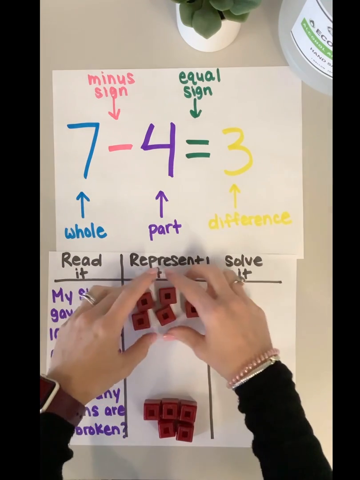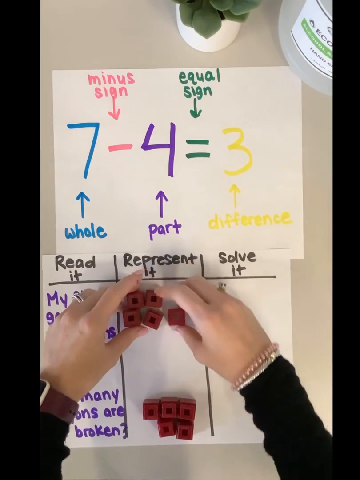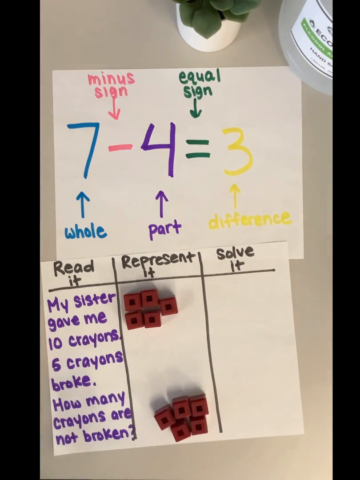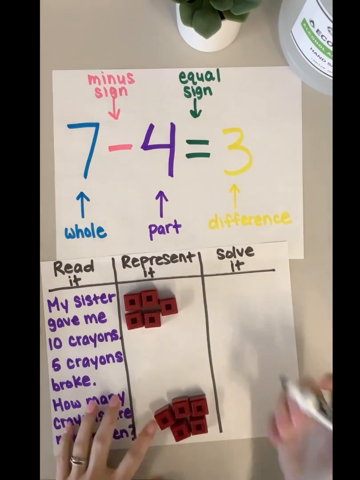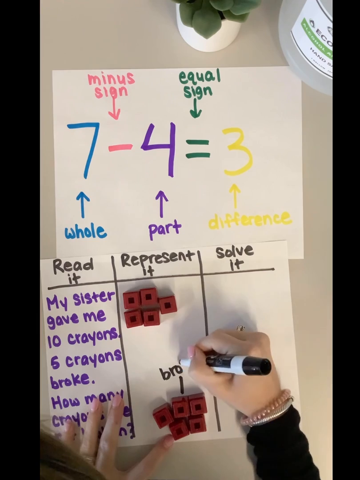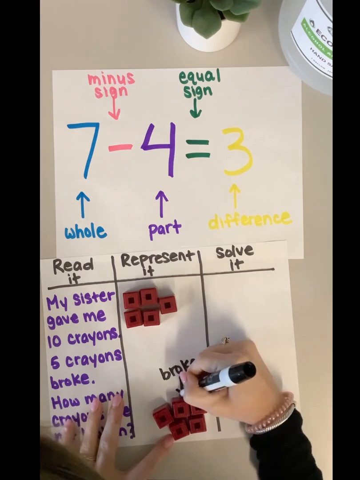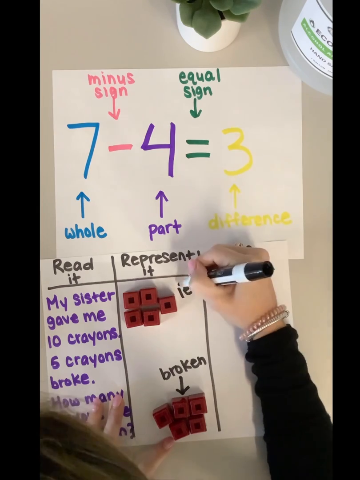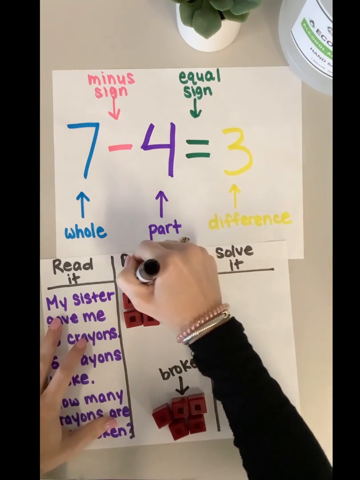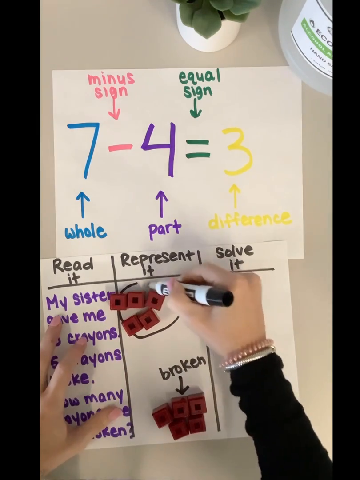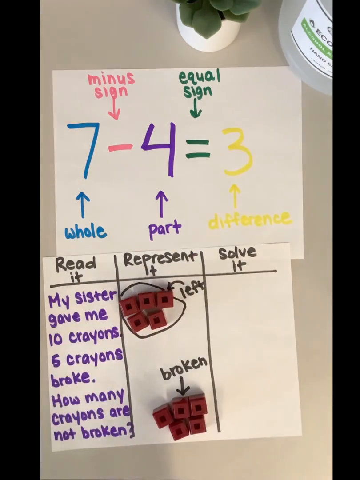These are the crayons that are not broken. And these are the crayons that are. Now I'm going to label so that I know. Broken, left, and I'm going to circle to show that all the ones in here are the ones that are left.